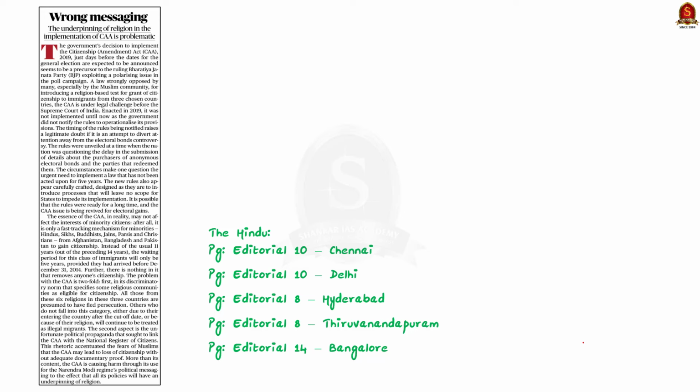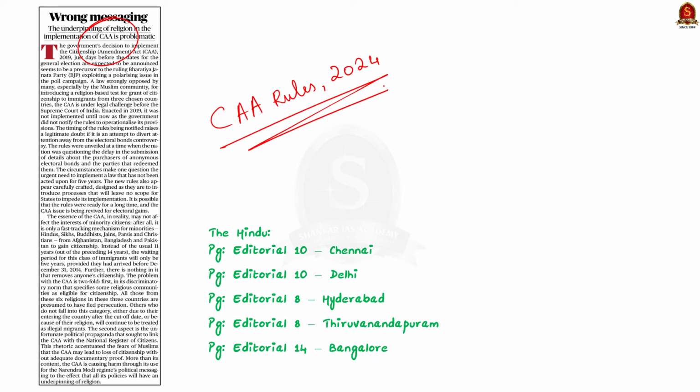Look at this editorial article from The Hindu newspaper. It talks about the recently implemented Citizenship Amendment Act Rules 2024. The timing of CAA implementation just before the general elections is criticized by the article's author. This is because it is like an attempt to exploit a polarizing issue for political gain. Just imagine this scenario. India is a Hindu majority country and CAA highly favors certain religions including the Hindu religion.